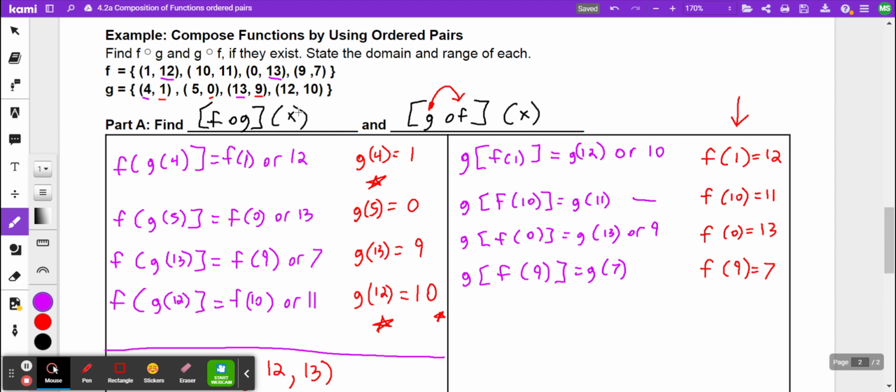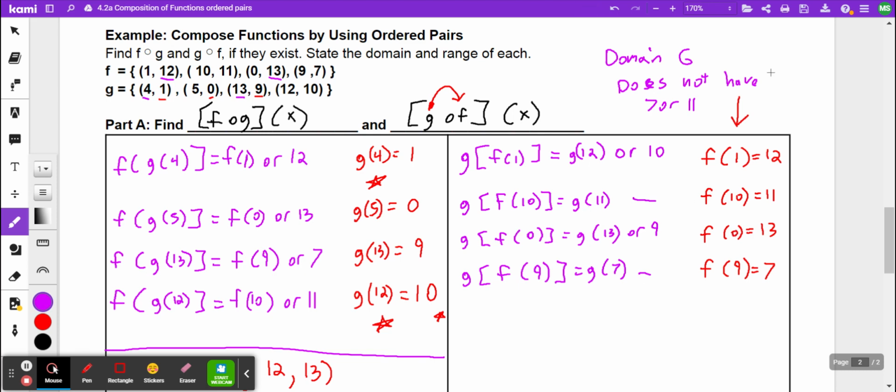Because 11 and 7 are not in the domain of g, g of f is undefined for when x is 11 and x is 7.